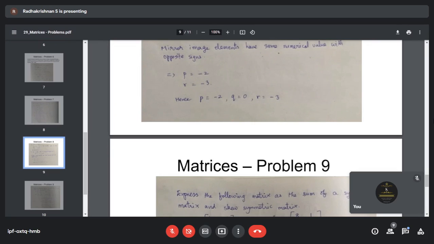We covered it in our last class. A symmetric matrix means if you transpose the matrix you get the same thing. A equal to A transpose is called a symmetric matrix. A equal to minus A transpose is called a skew symmetric matrix. Okay.